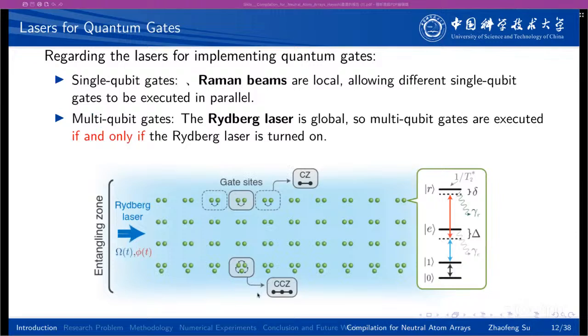Regarding the implementation of quantum gates, Raman beams are local and allow local operations on a single qubit, and the Rydberg laser is global and is used to execute multi-qubit gates.